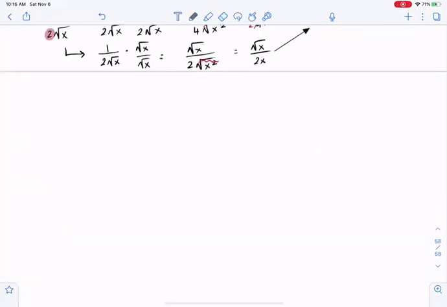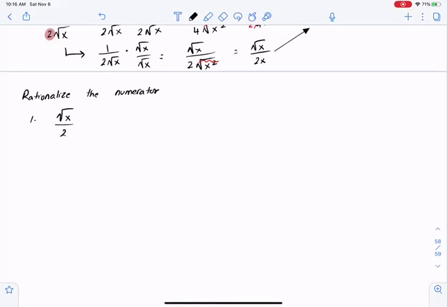So, for example, suppose I want to rationalize the numerator.